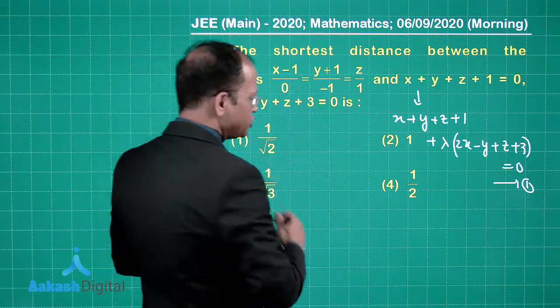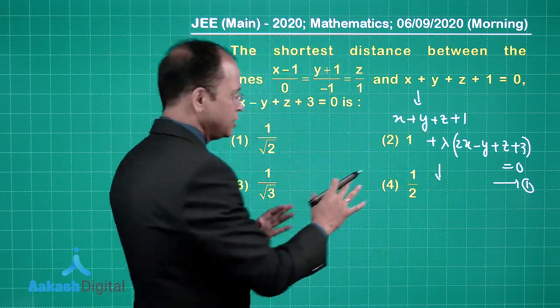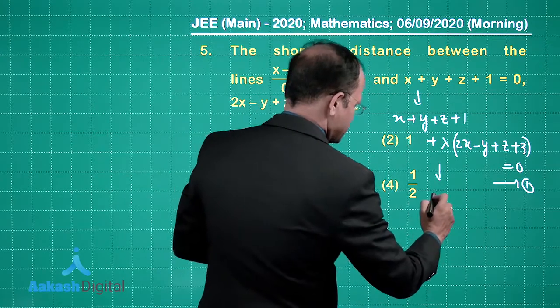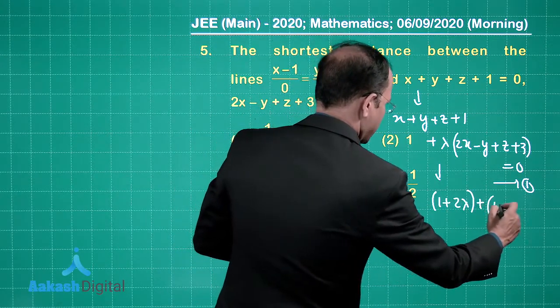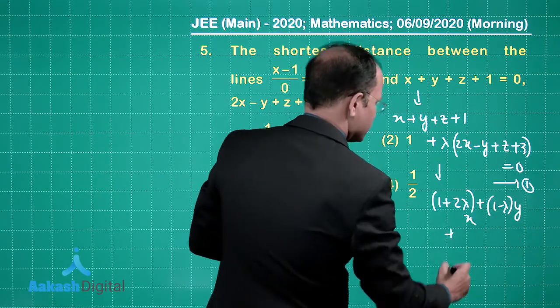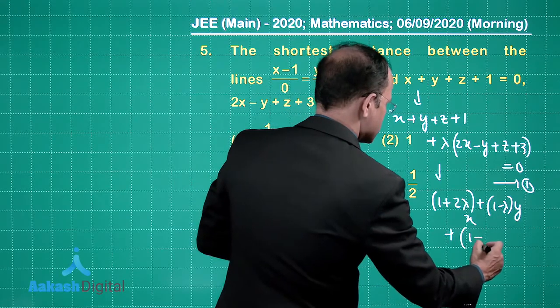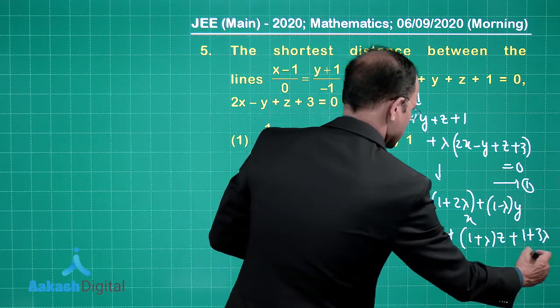So first of all let's find the direction ratios of the normal to the plane. That means we have (1 plus 2 lambda) x, (1 minus lambda) y, (1 plus lambda) z, plus (1 plus 3 lambda) is equal to 0.